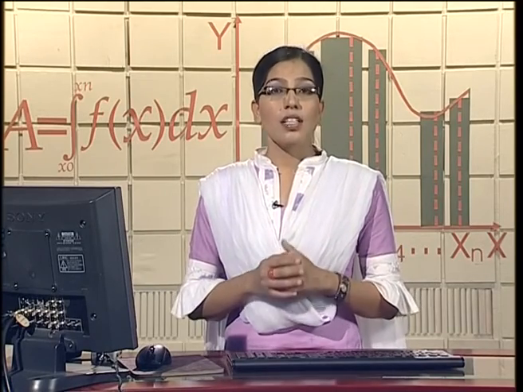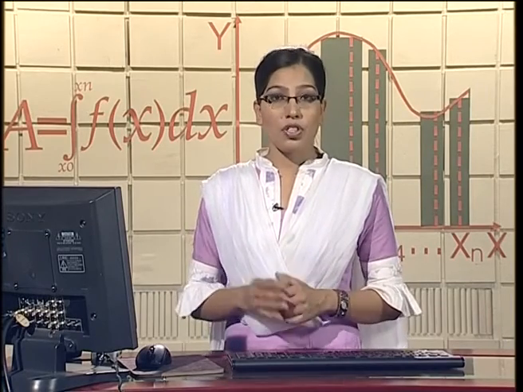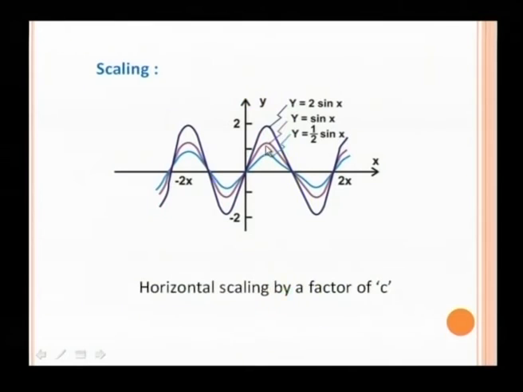You can see the graph of this horizontal scaling through a trigonometric function on the screen. Here we have a function y is equal to sine of x as our basic function, and this purple line shows the graph of this function.